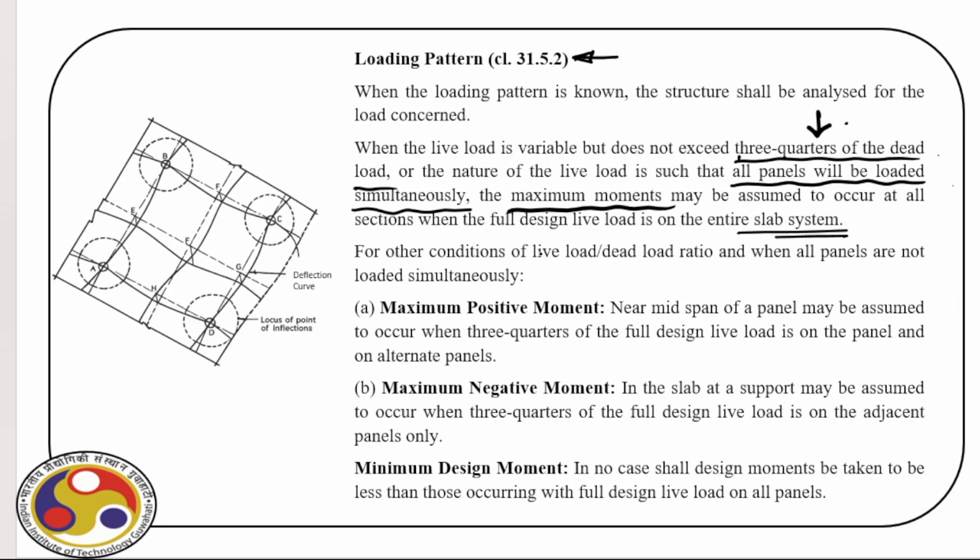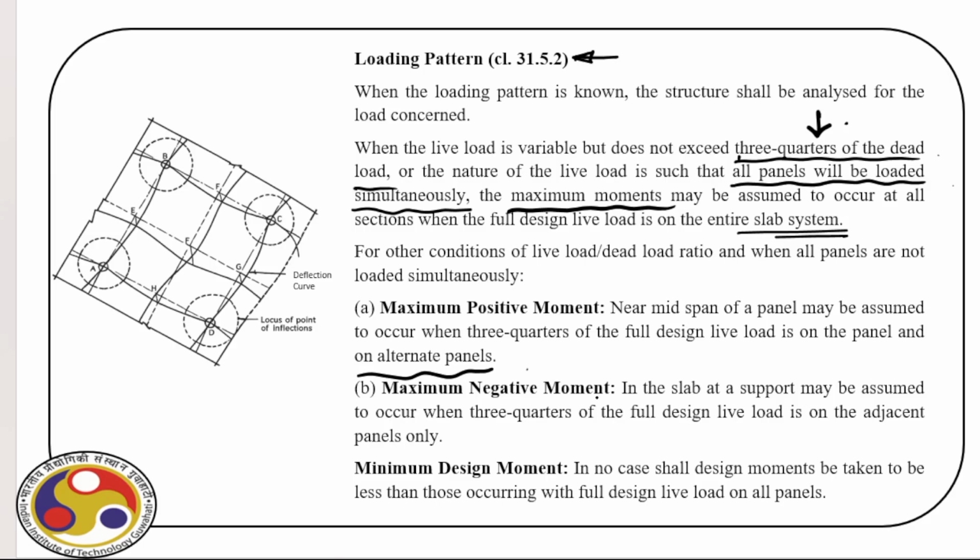Now for the consideration of live load to dead load ratio, when panels are not loaded simultaneously, we have these options. So maximum positive moment near the midspan of a panel may be assumed to occur when 3/4 of the full design live load is on the panel and on alternate panels.